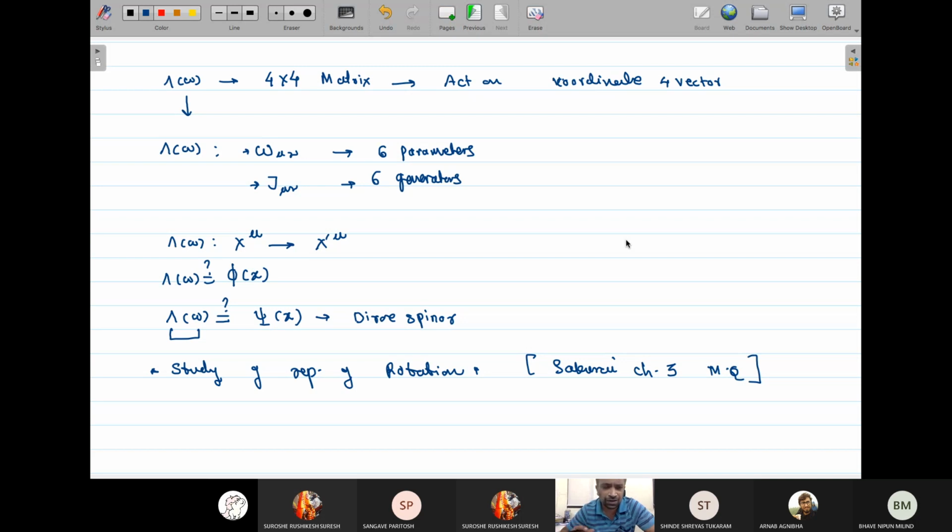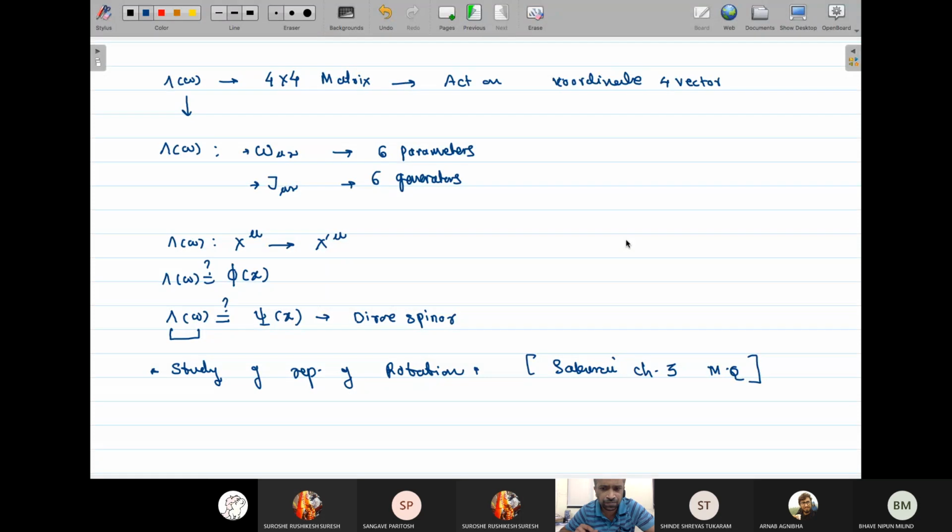It's not that I will completely skip that part. I will highlight some essential features, but I will not spend a great deal of time on rotation. Still, I need to motivate from rotation, so I have to discuss some important points.